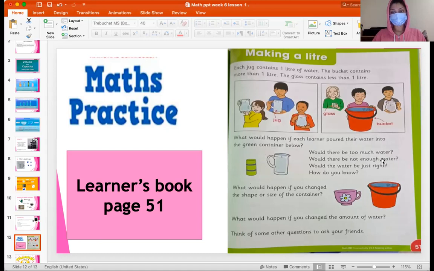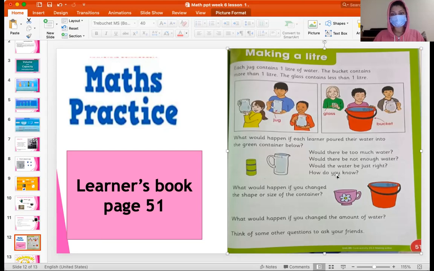Would there be not enough water? No, there will be enough water to fill the green cup. Would the water be just right? Definitely not. The water in the transparent container will be more than the green one.